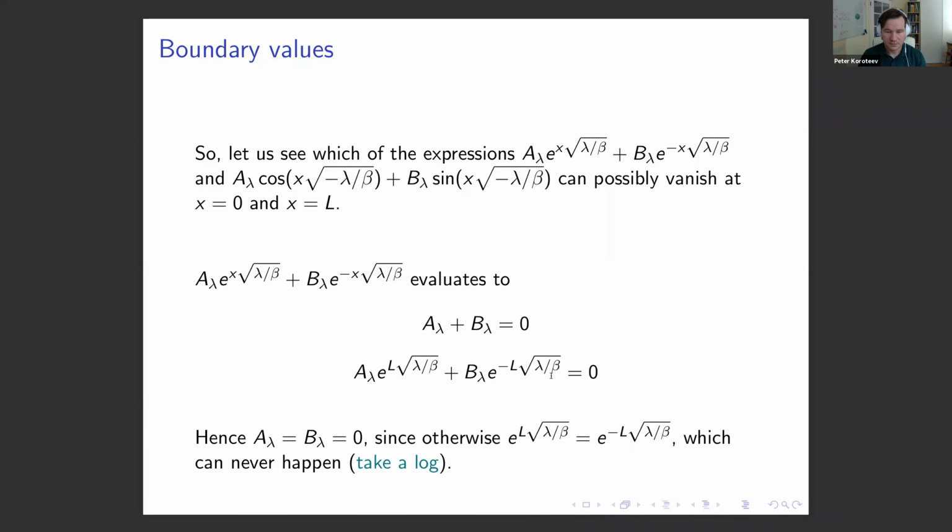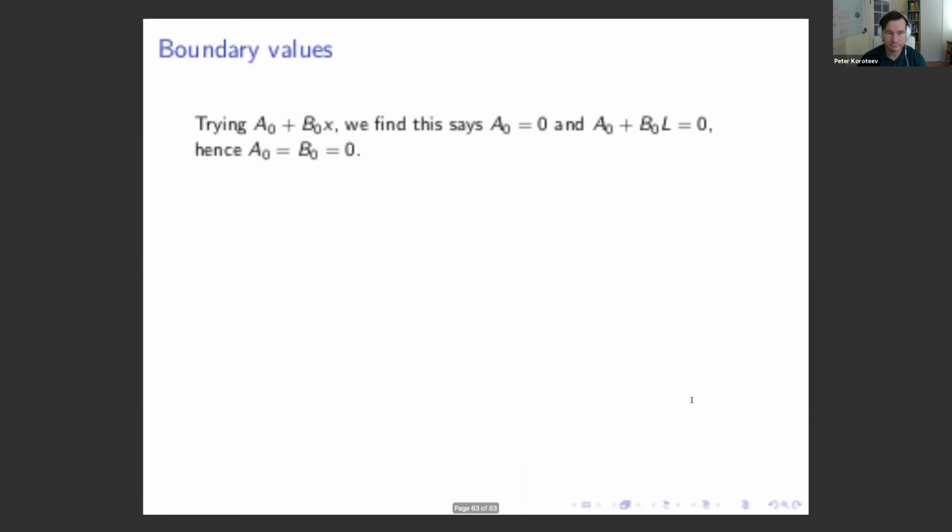Basically the only solution is when those coefficients are equal to 0, because this equality never happens. Now, if you take linear dependence, we can also conclude that all the coefficients are equal to 0. The only linear function which has 0 slope is just the 0 function.